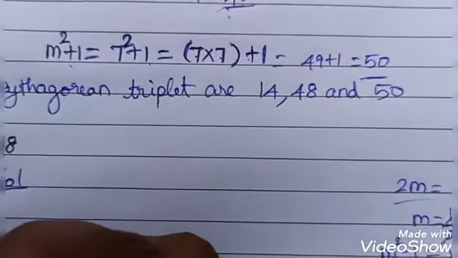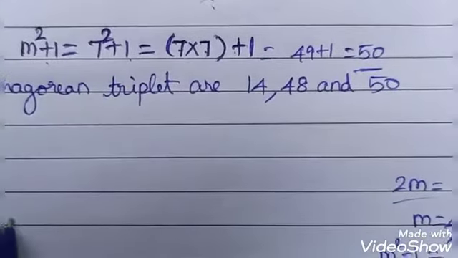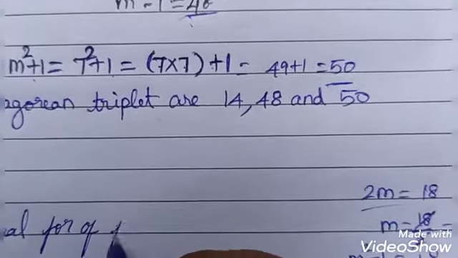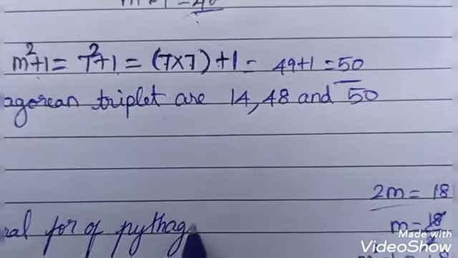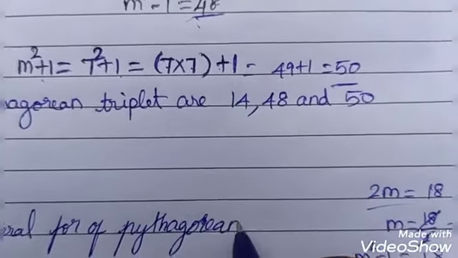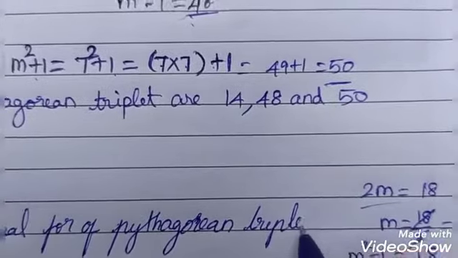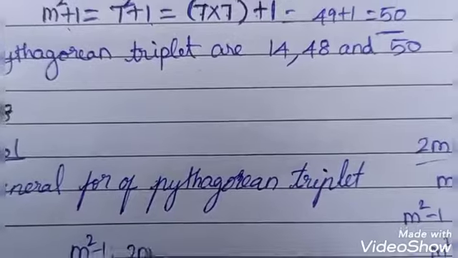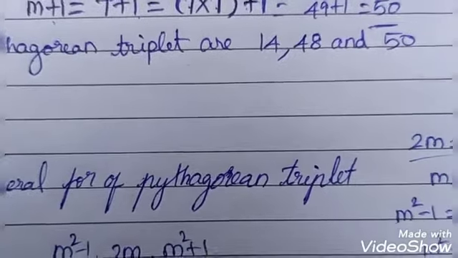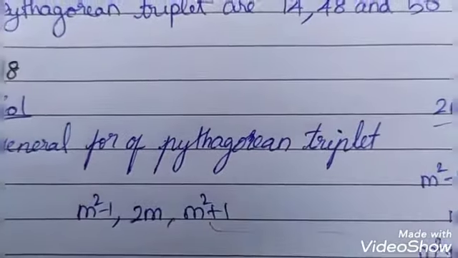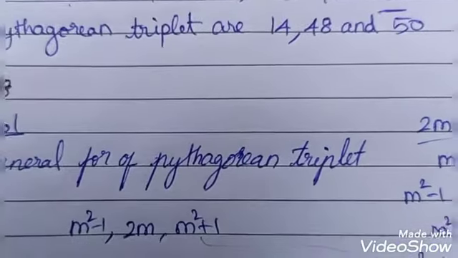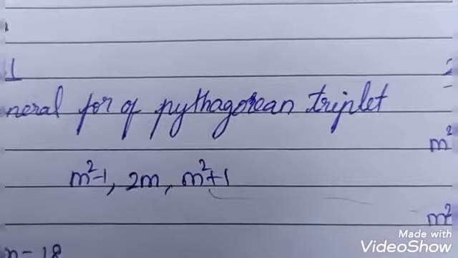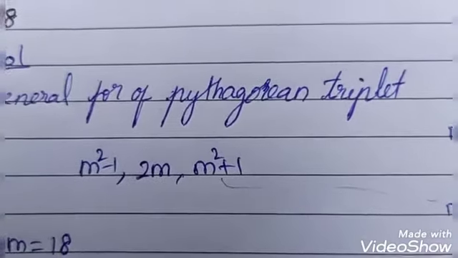First step, you need to write the general form. General form of Pythagorean triplet: m square minus 1, 2m, m square plus 1. So first, 2m is equal to 18, m is equal to 18 by 2, m is equal to 9.